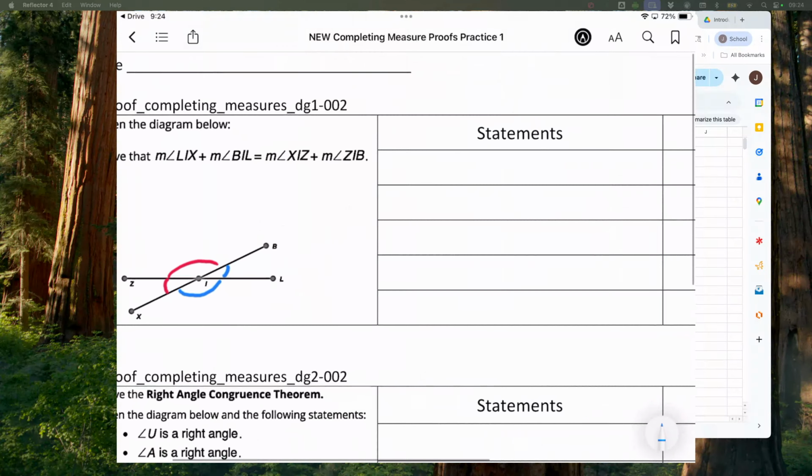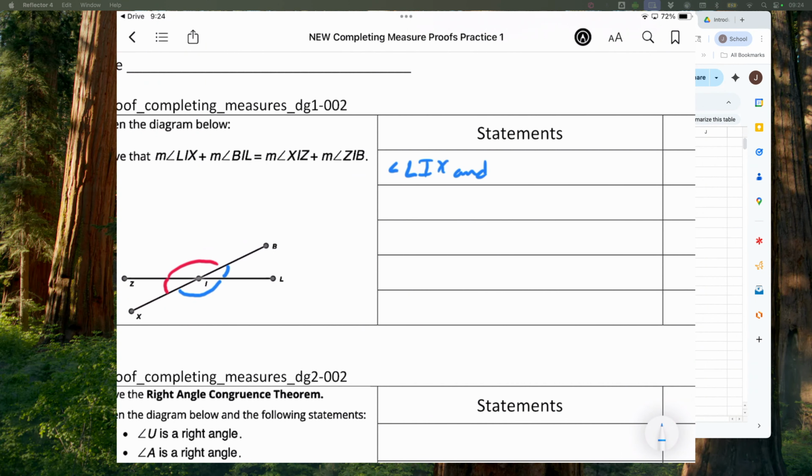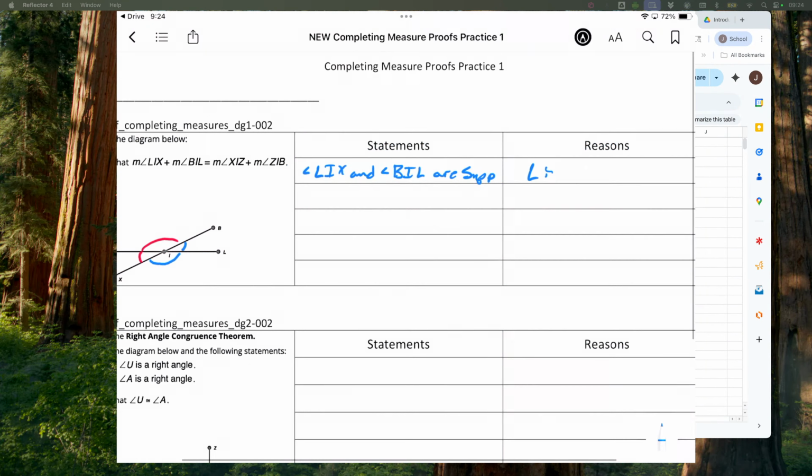So we can say that angle LIX, I'm going to try and match the lettering that they use over here, angle LIX and angle BIL are supplementary because they form a linear pair.